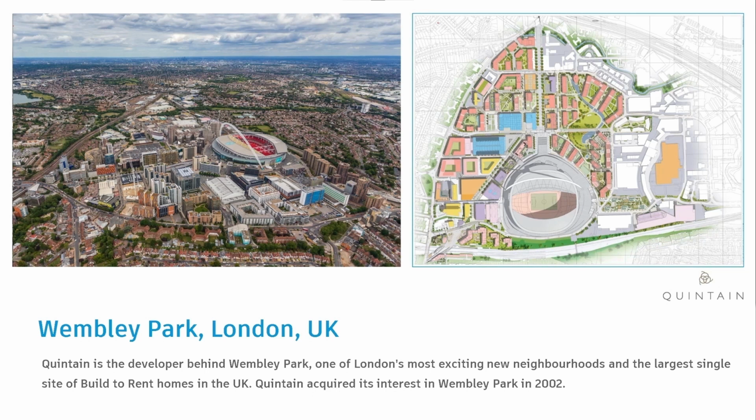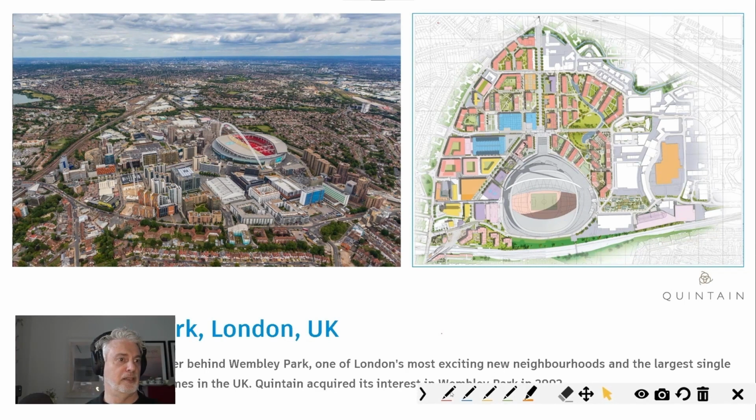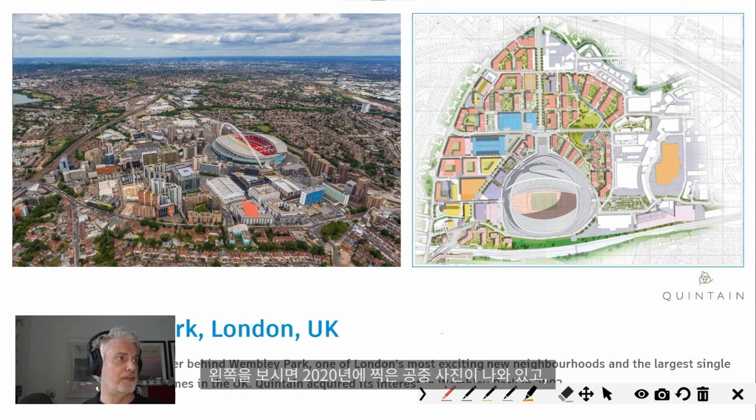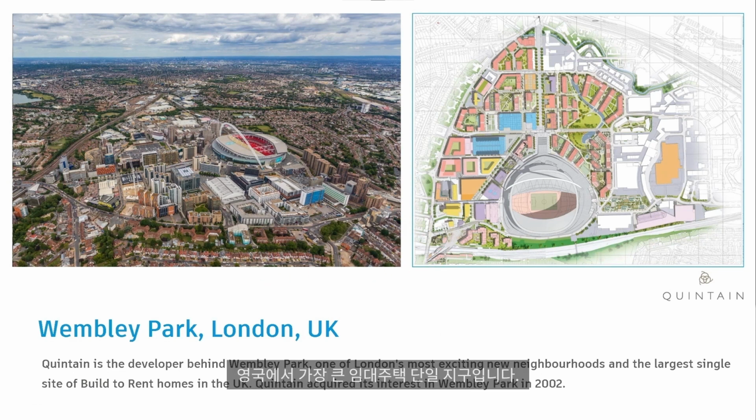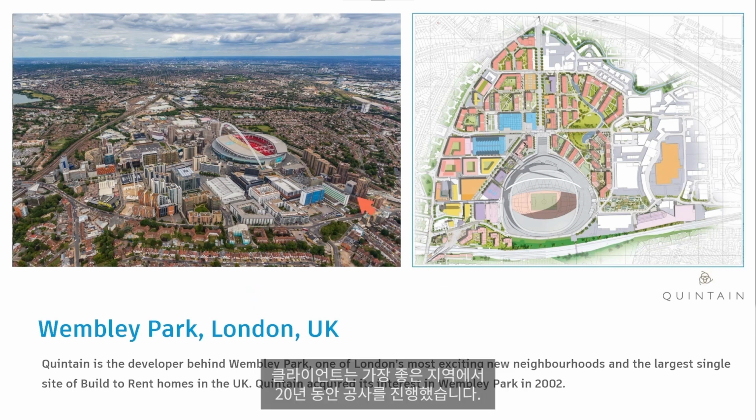So you can see, if I just bring up the pointer here, on the left is an aerial photo from 2020. On the right is the master plan. It's the largest single site of build-to-rent homes in the UK, and our client has been working on it for the best part of 20 years.